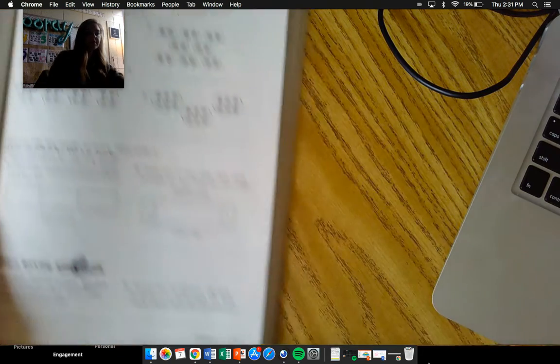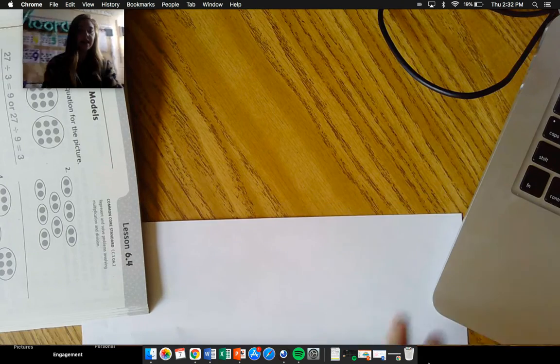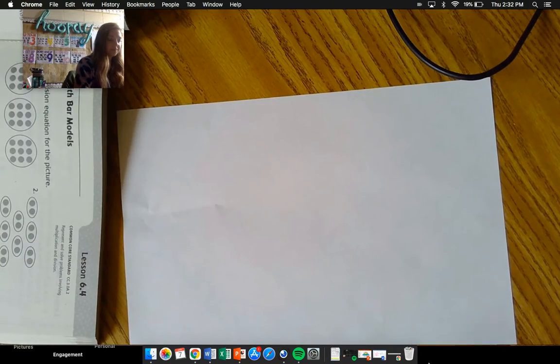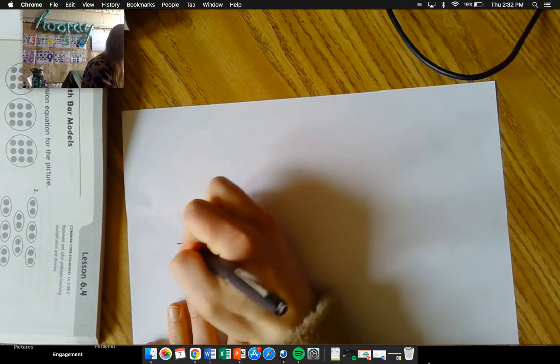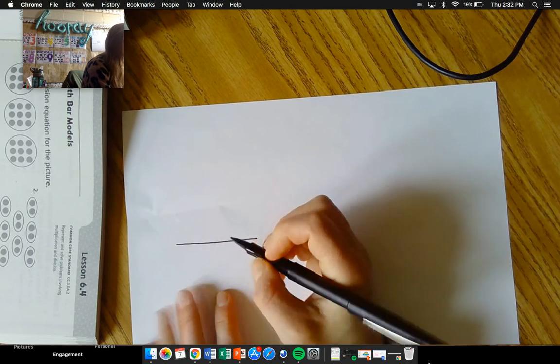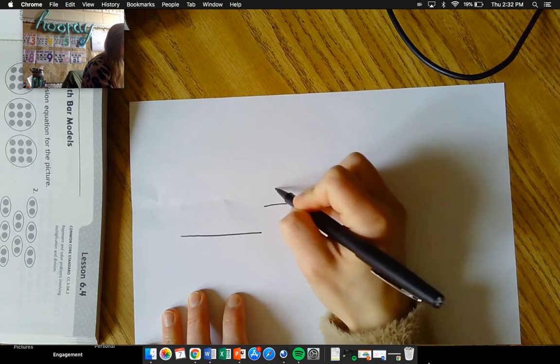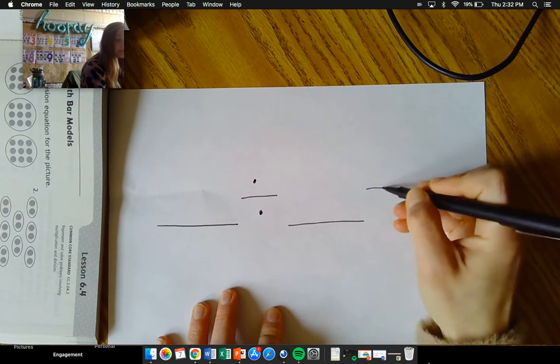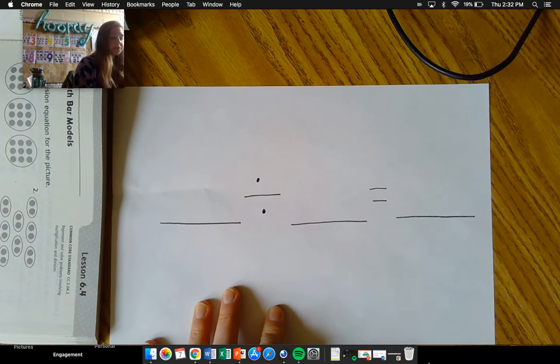One really important thing I want you guys to know is that when you have a division equation, the number that is in front is the total number of objects, divided by the number of groups, equals the total number in each group.